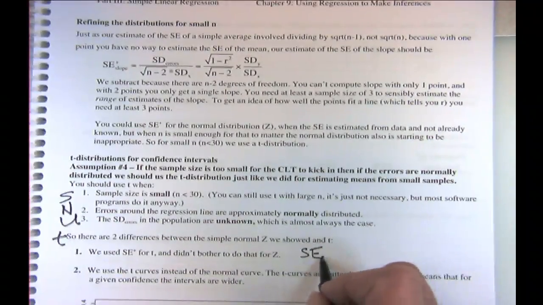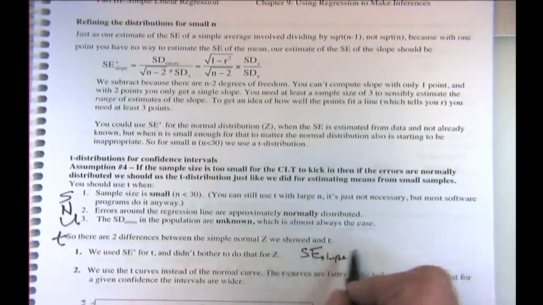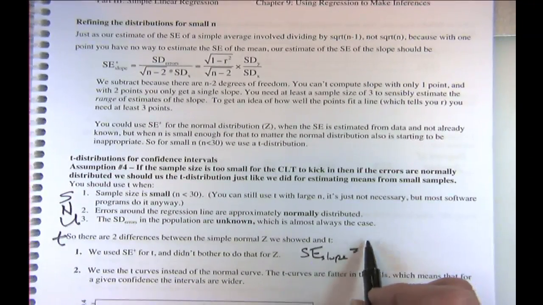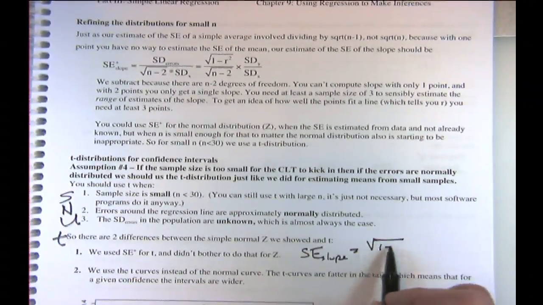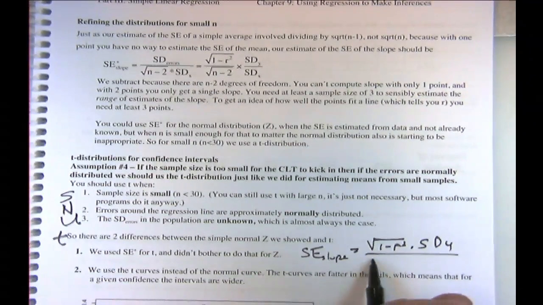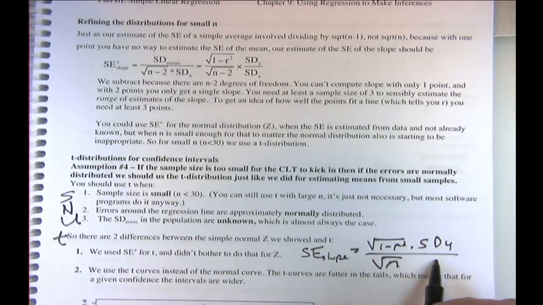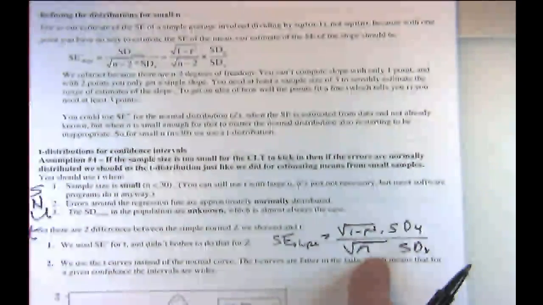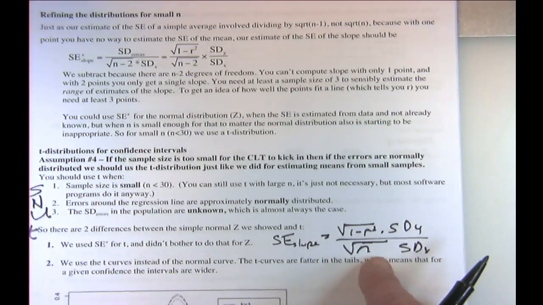So how are we going to adjust this? We already know the standard error for the slope without the plus, just the one we've been using, is the square root of 1 minus r squared times SDY over the square root of n times SDX. Well, remember how you make an adjustment with n? Like you subtract 1 when you're estimating the mean?